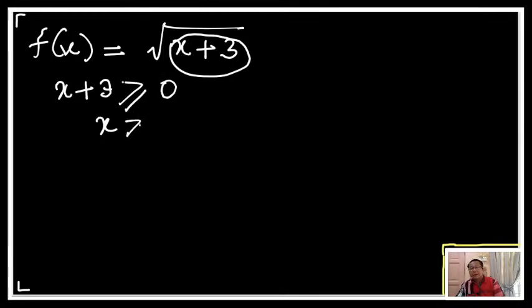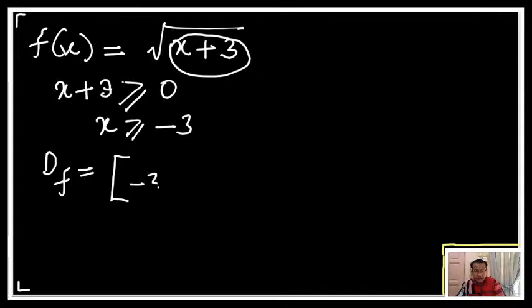So, x should be greater than or equal to -3. If you substitute a number that is less than -3, you will get a negative number for the radicand, and the function will not be defined. So, the domain, you can write, this one includes -3, so square bracket, [-3, ∞). Or if you are lazy, you just write this, this also works.